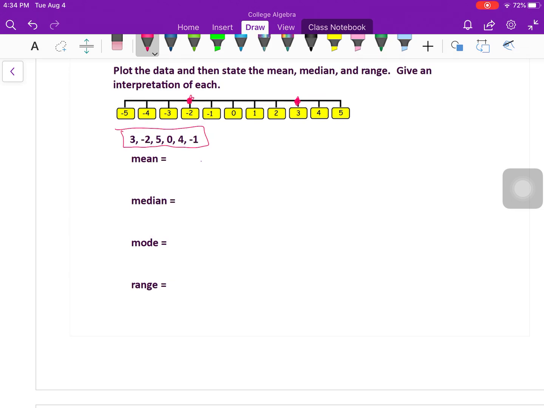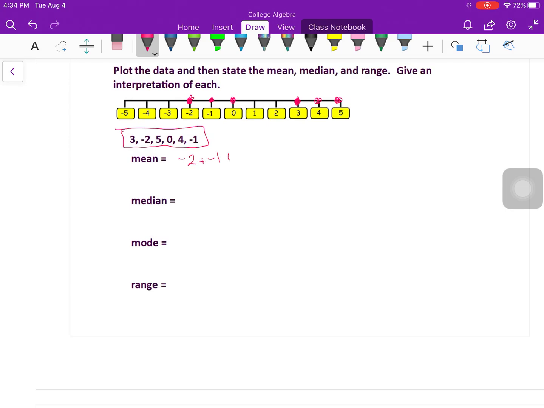So first, we're going to put them in order, and I'm going to use this number line. 3 would be here, -2, 5, 0, 4, and -1. So if I list them in order, I have -2, -1, 0, 3, 4, and 5.